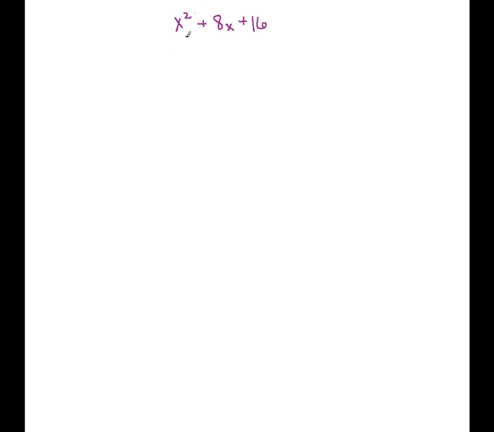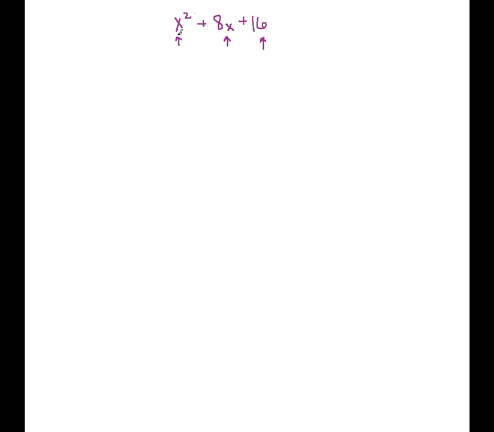First of all, we know it's a quadratic because it includes an x squared term. A quadratic expression may or may not also include an x term, x to the first power, and an x to the 0th power, or just a constant term at the end. And this is arranged conveniently for us in descending order.